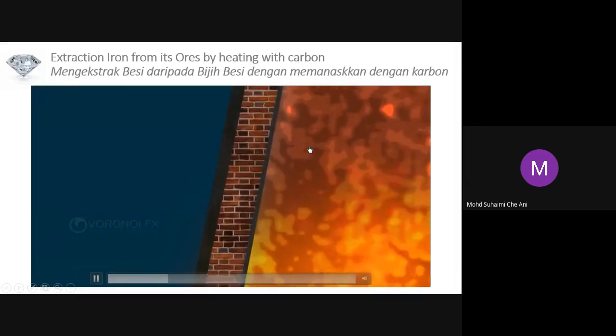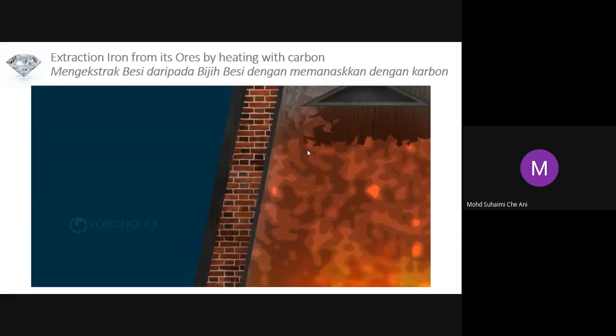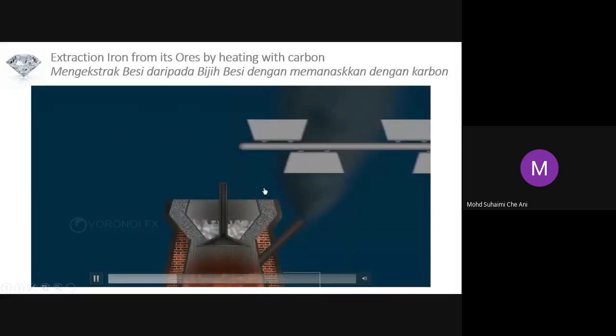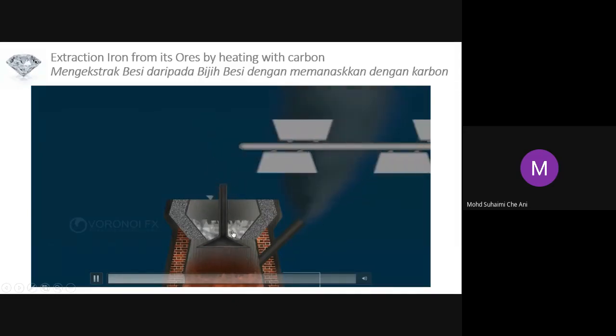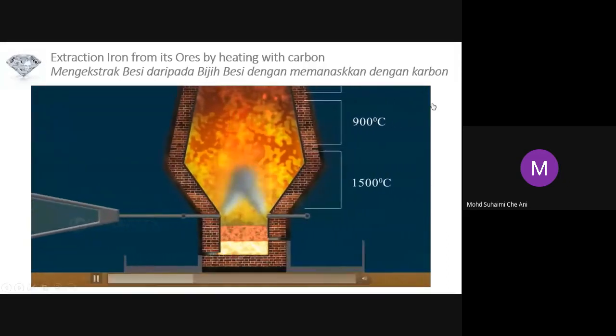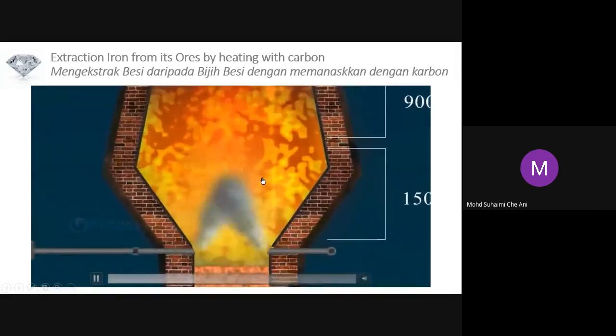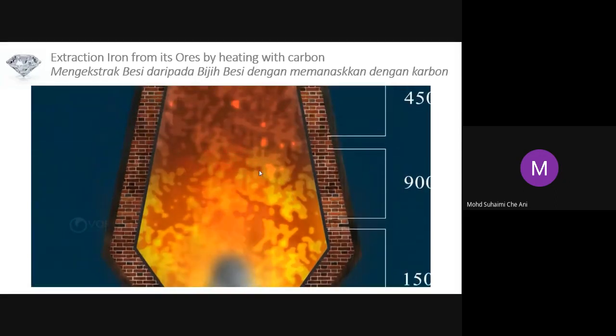carbon in the coke form. Kita panggil dia sebagai arang coke lah, coke. That one is the meaning of carbon over here. And then you mix the carbon with the iron oxide. Okay. And then you put gas to the fire to heat up the carbon and the iron oxide at a very high temperature until it melts.